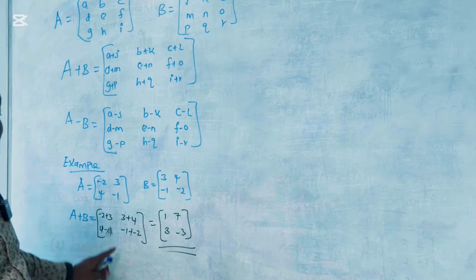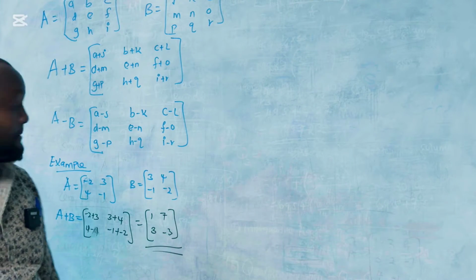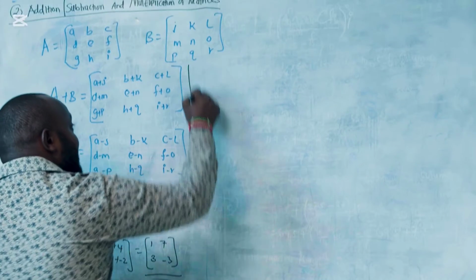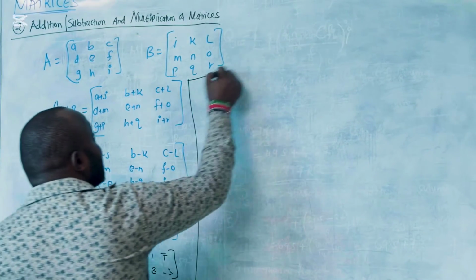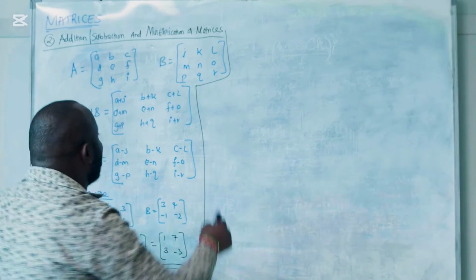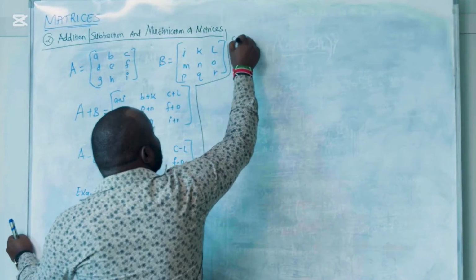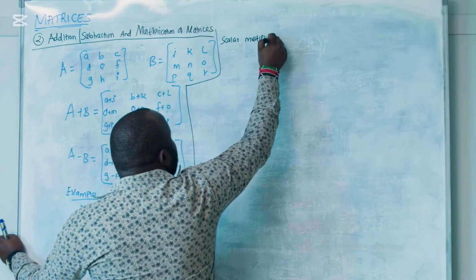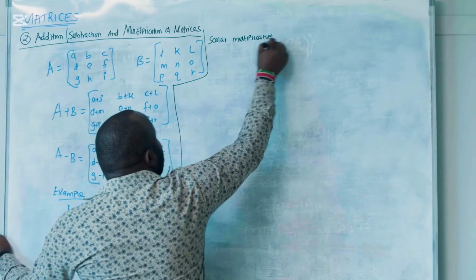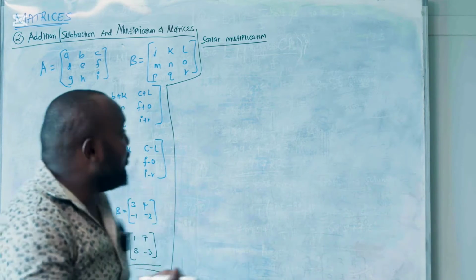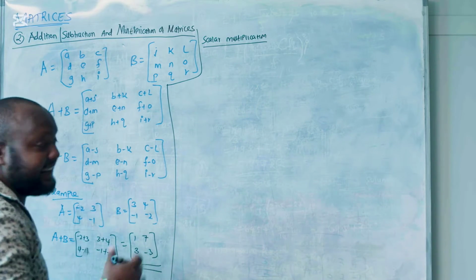I want to put much emphasis now on multiplication. I hope this one is just a reminder, so the more emphasis will be on multiplication. In this case, we can start with what we call scalar multiplication. With scalar multiplication, it's a situation where you multiply a matrix with just a scalar number, like 1 or negative 2.